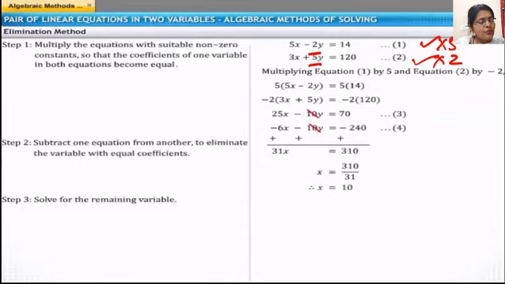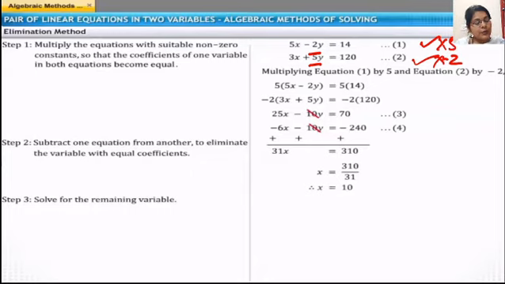So there is no need to multiply by minus 2 only, we can do with 2 also and minus 2 also. It is up to our choice. There is no such compulsion that we have to multiply with minus 2 only.